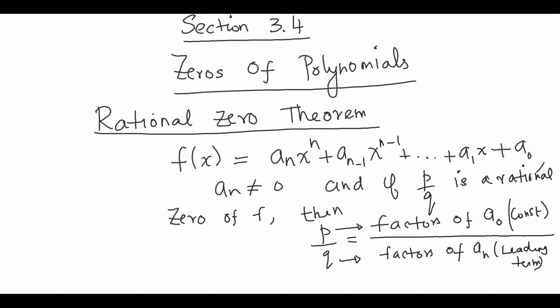So we are going to use this rational zero theorem to identify the maximum number of rational zeros existing for any given polynomial.